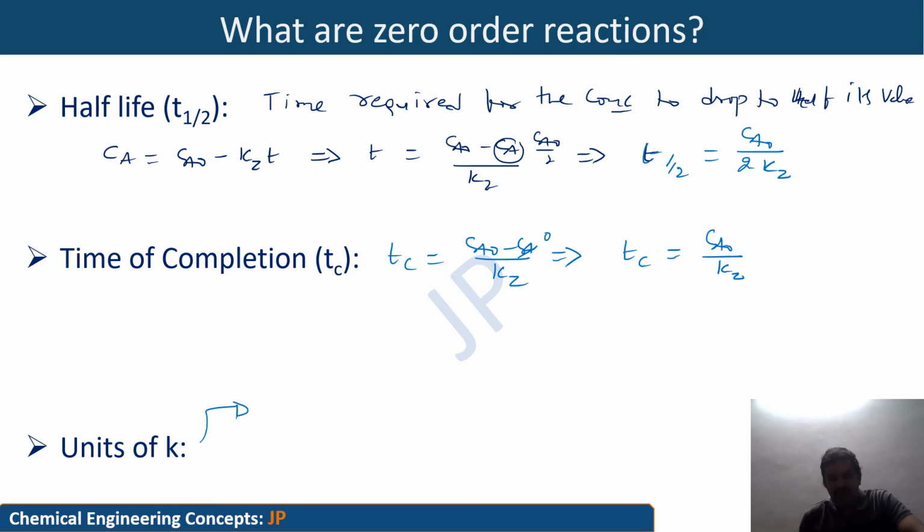We know the units of rate constant are given by time inverse concentration whole power 1 minus n. For zero order reactions, n takes the value of 0 and the units of rate constant are going to be concentration per time. So this is all about zero order reactions.